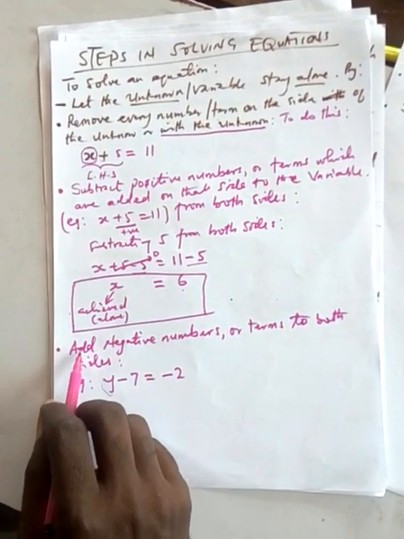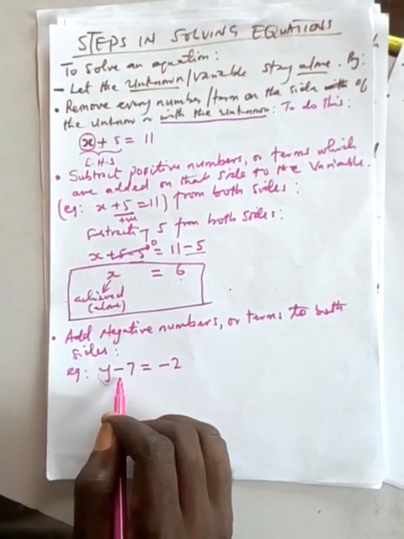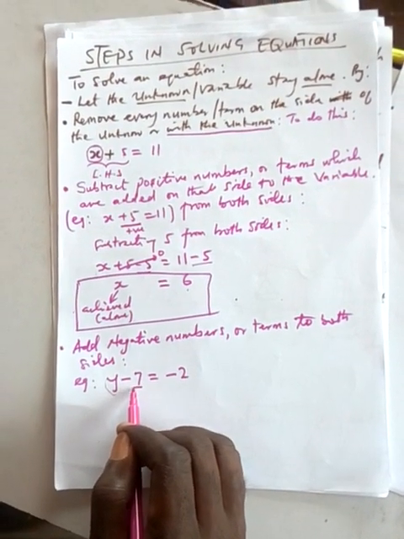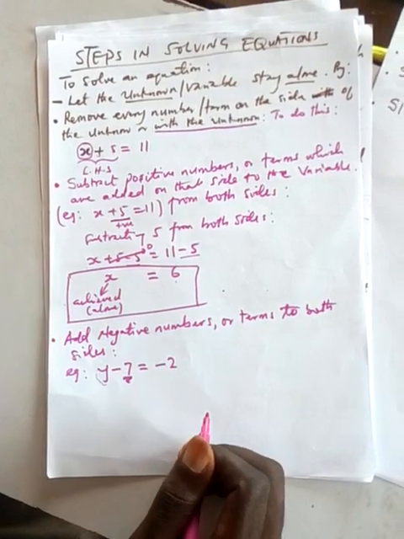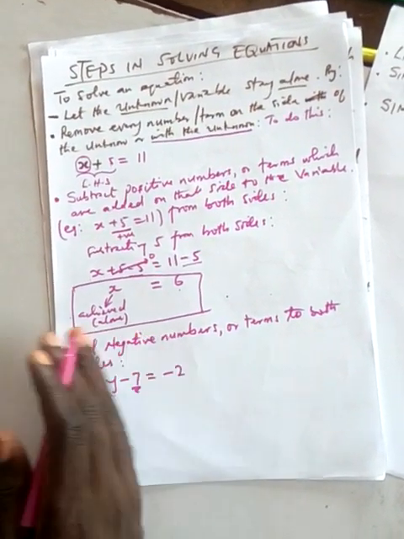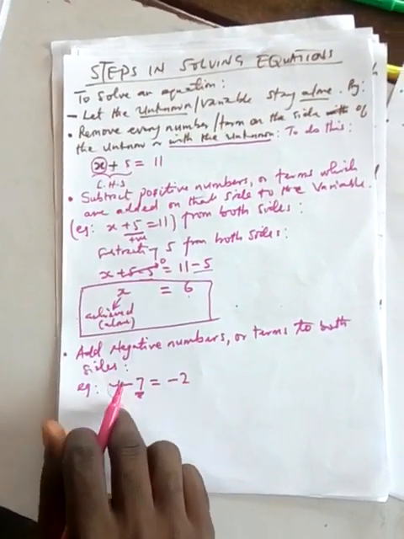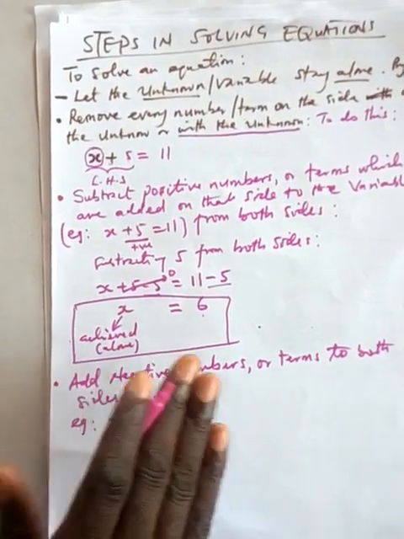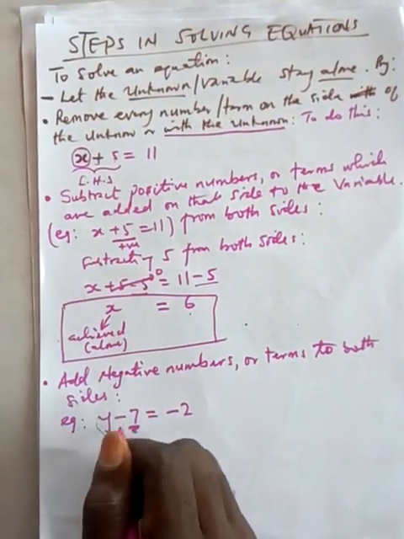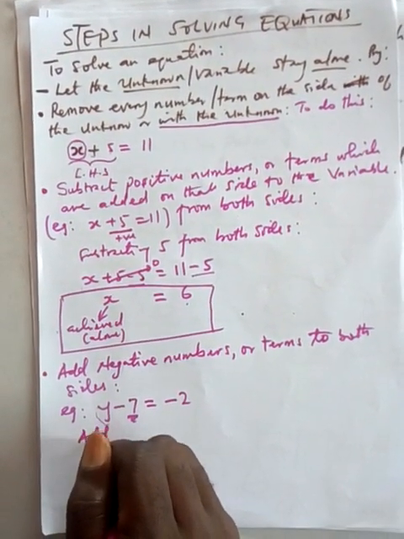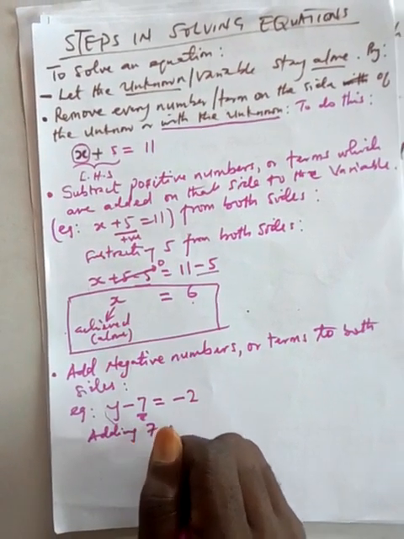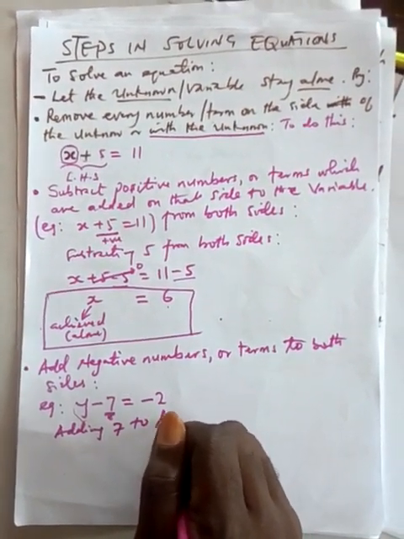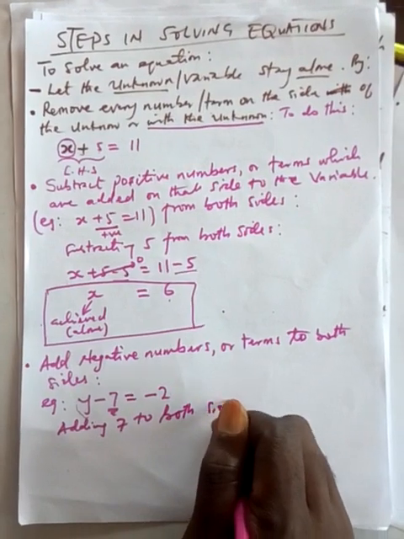So add negative numbers. So this is a negative number. 7 here is negative. Because it is negative, to remove it from the left hand side and take it to the right hand side, we have to do the opposite of what is there: adding 7 to both sides.